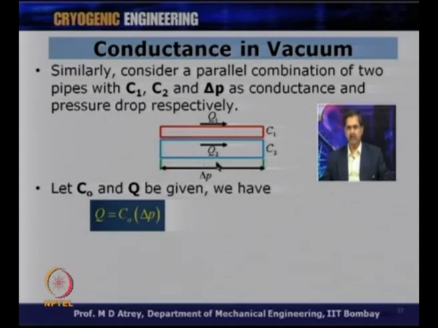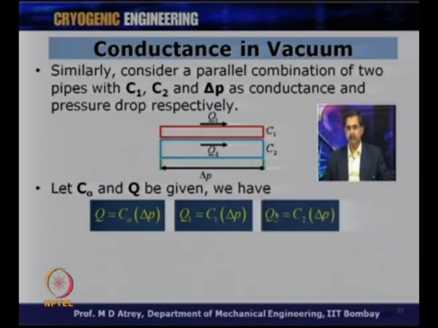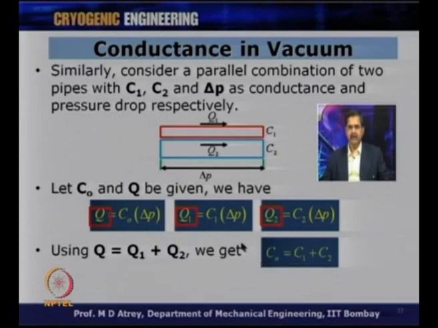When traveling in these parallel pipes, it gets split up into Q1 and Q2, where Q1 is C1 into delta P, delta P being the same all over, and Q2 is equal to C2 into delta P. Since Q is equal to Q1 plus Q2, and delta P is common, I will get C0 is equal to C1 plus C2.